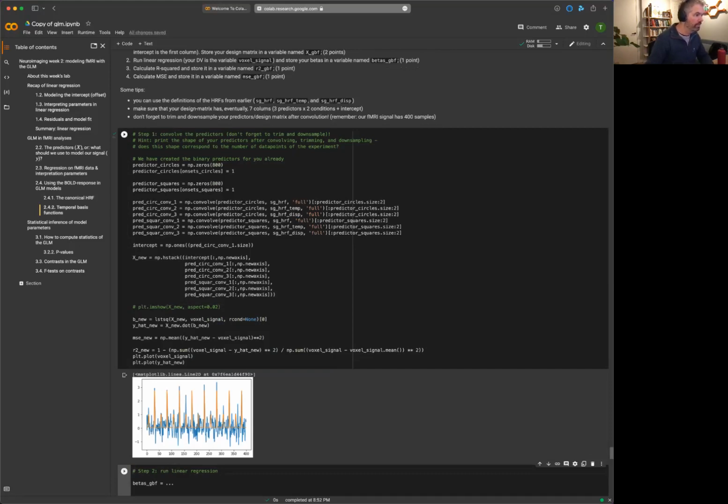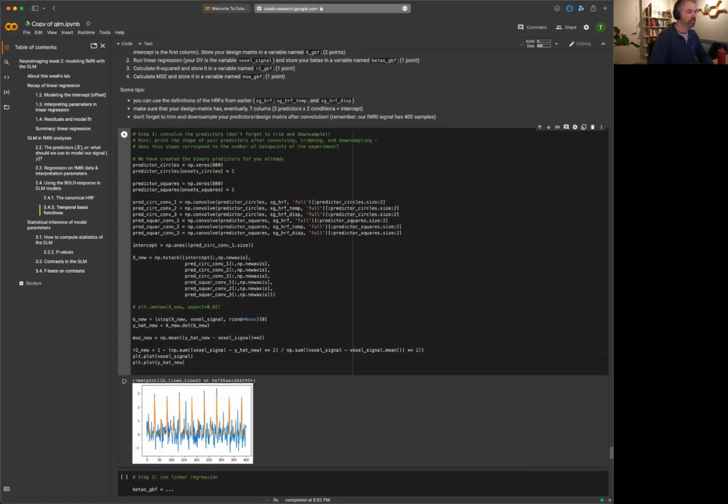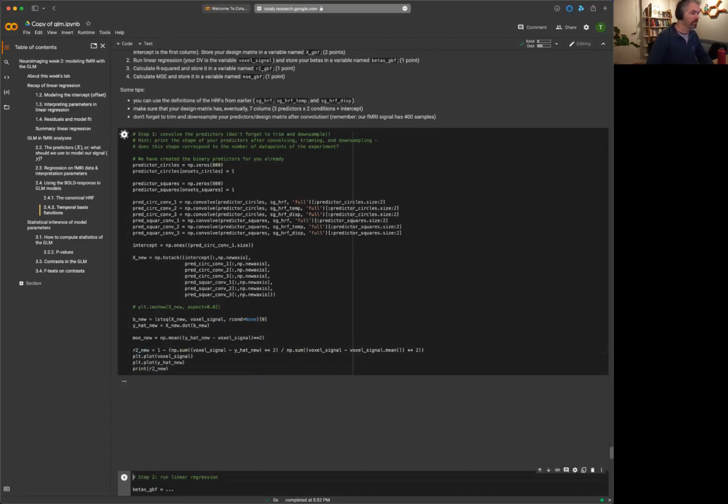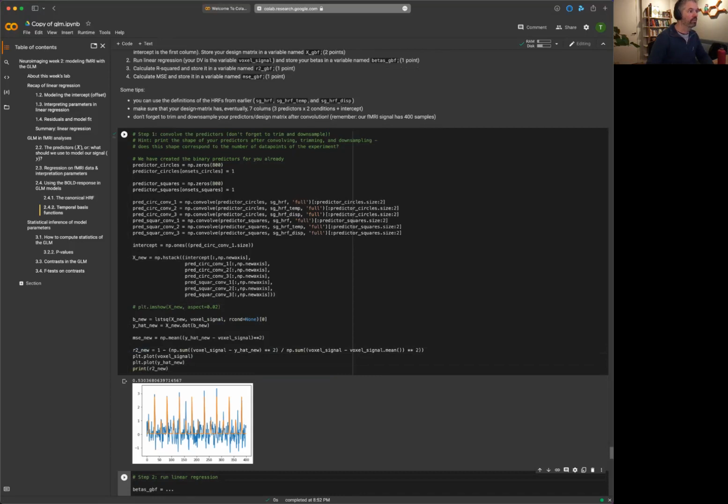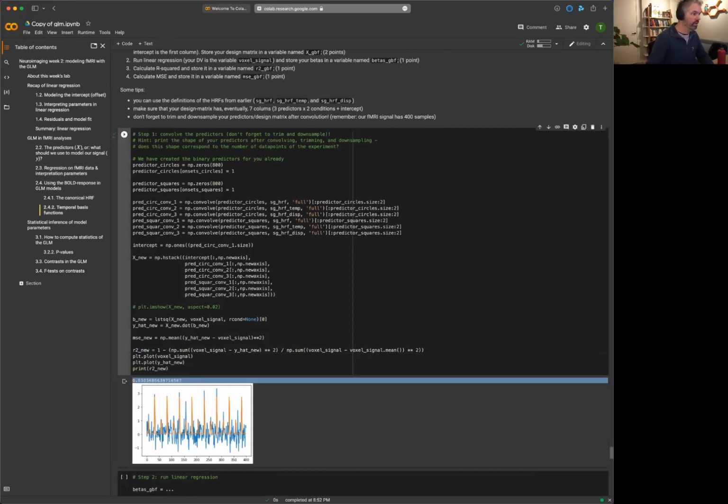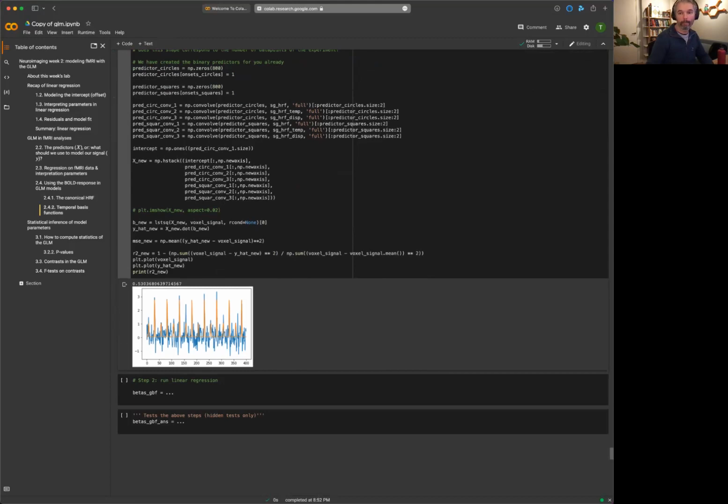So this is great. And you see that we're actually capturing the data again much better. And I'm just going to print the latest R² to evidence that fact, right? So we're explaining half of the variance now. Okay.